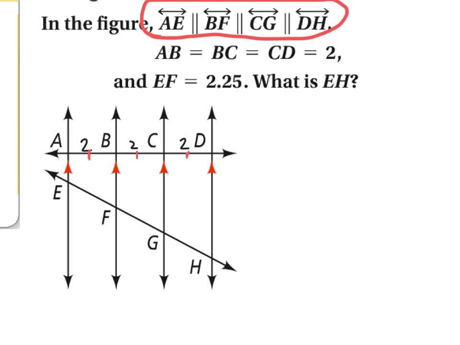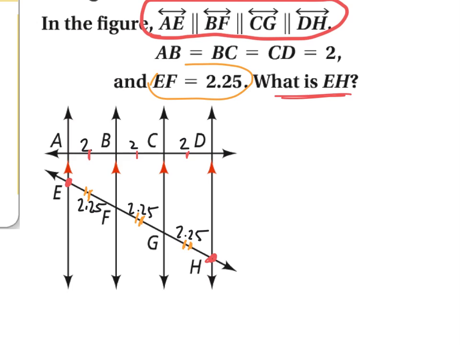So it says that EF, the distance from E to F, is 2.25. If E to F is 2.25, that means, according to our theorem, that this segment is congruent to this segment and congruent to that segment. Because any transversal cutting those 3 parallel lines will be congruent. So we end up with 2.25, 2.25, 2.25, and I want to find the distance from E to H. E is right there, H is right there.